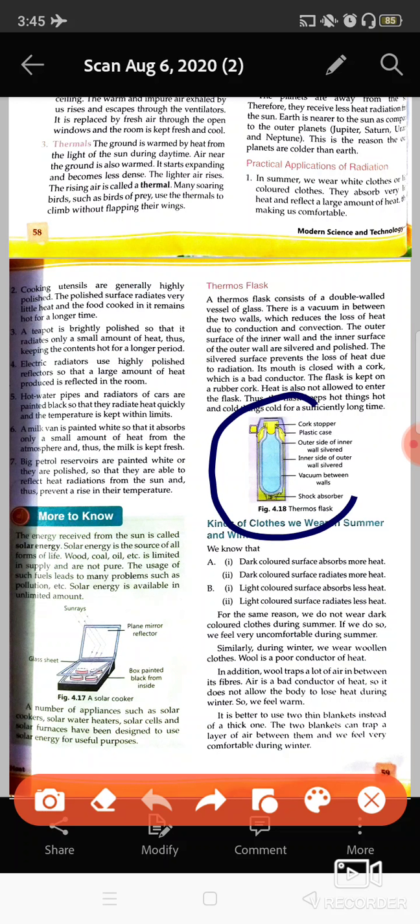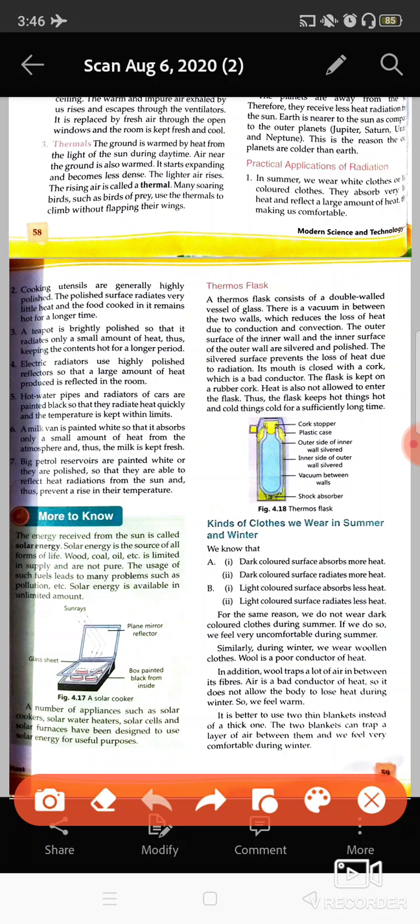There is one more application, which is known as the thermos flask. The thermos flask actually uses all three modes of heat transfer in its design. First of all, it is made up of two walls, the outer and the inner, and between these two walls it is filled with insulating material like thermocol. This reduces the loss of heat due to conduction and convection, because if two objects are in close contact, the heat energy will flow outside, so this stops that.